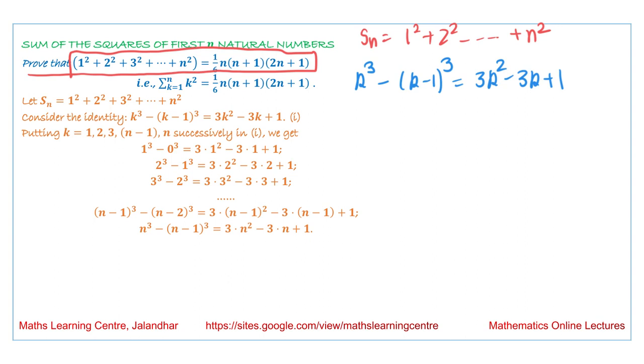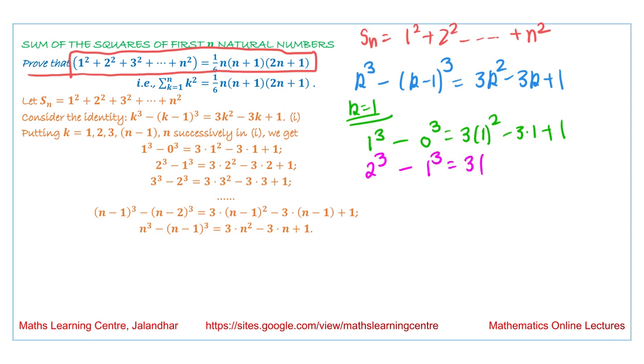Now if we substitute different values of k in this identity, we substitute k equal to 1. We obtain 1 cube minus 0 cube equal to 3 into 1 square minus 3 into 1 plus 1. Next, if we substitute k equal to 2, we get 2 cube minus 1 cube equal to 3 into 2 square minus 3 into 2 plus 1.